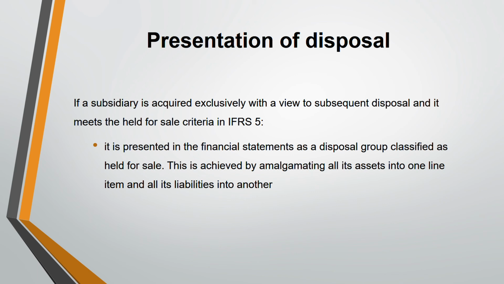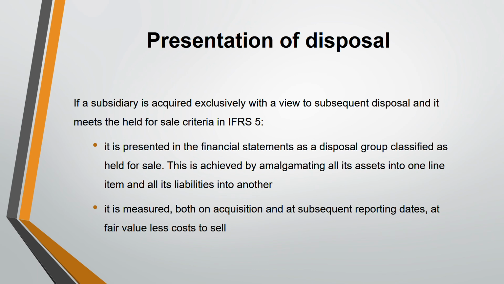It is presented in the financial statements as a disposal group, which will be classified as held for sale. How are you going to achieve it? By amalgamating all its assets and all its liabilities into one line each. All its assets will be on one line, all its liabilities on another line. You add them all together.